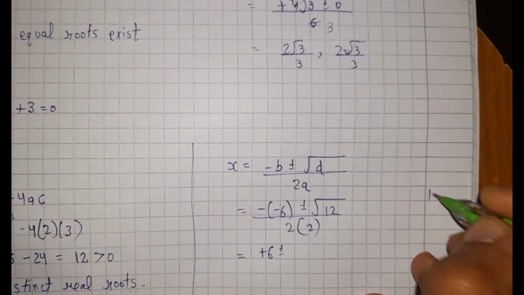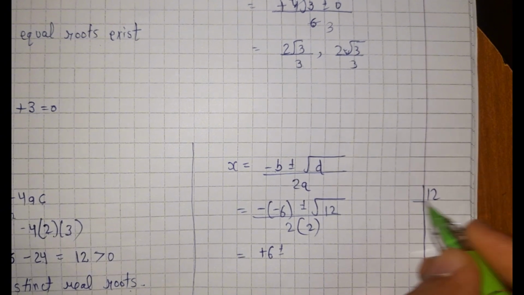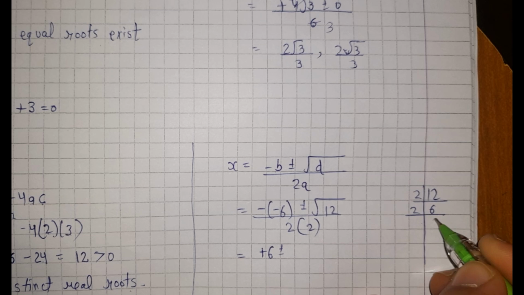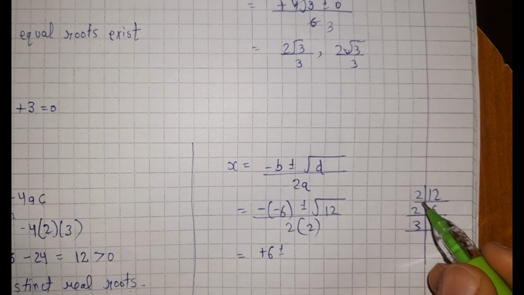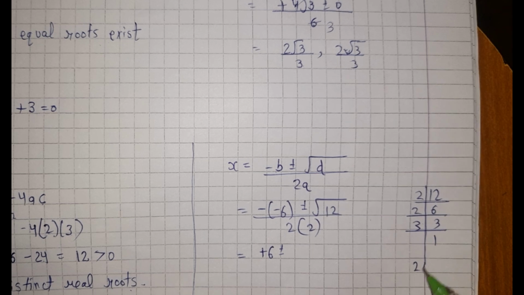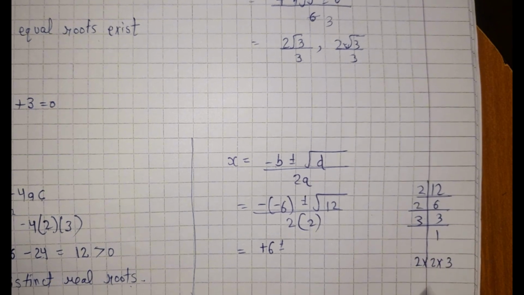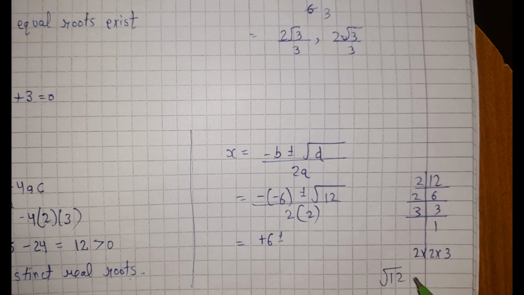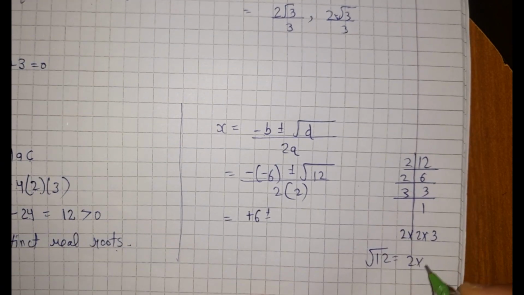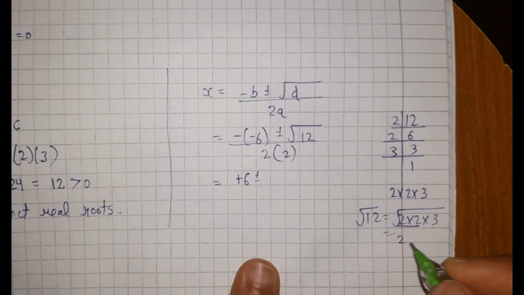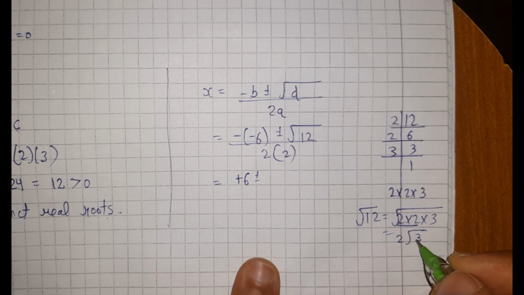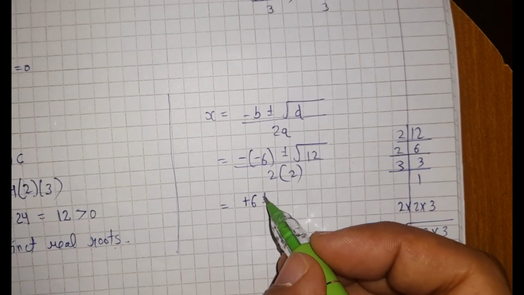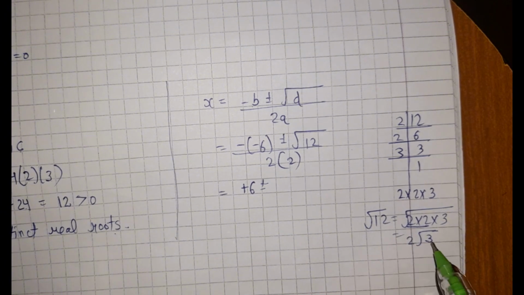To find √12, use the prime factorization method: 12 = 2 × 2 × 3. √12 = √(2 × 2 × 3), where 2 will come outside and 3 remains in the root. So √12 = 2√3.